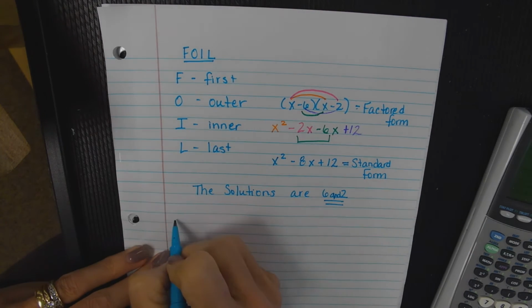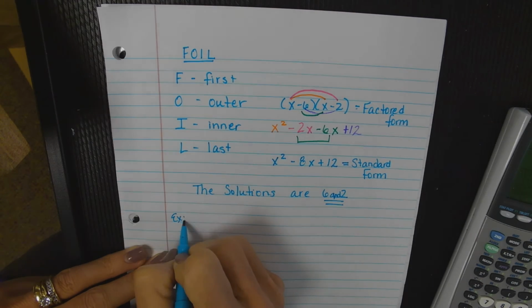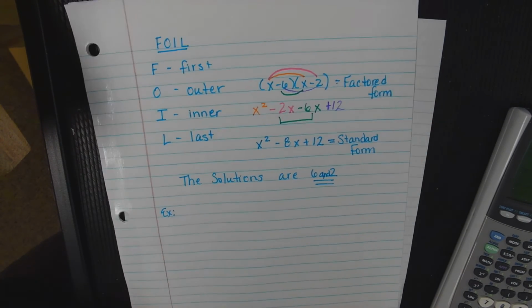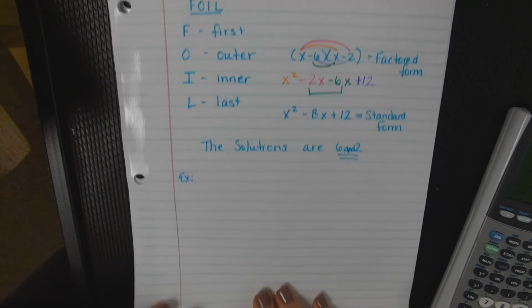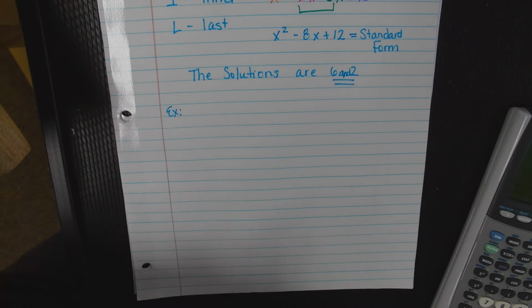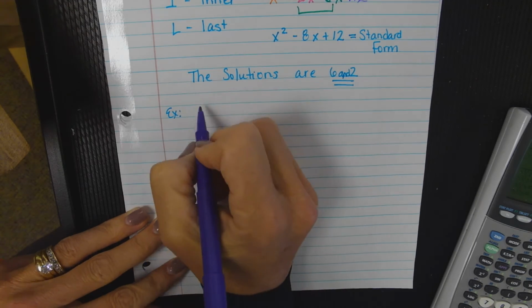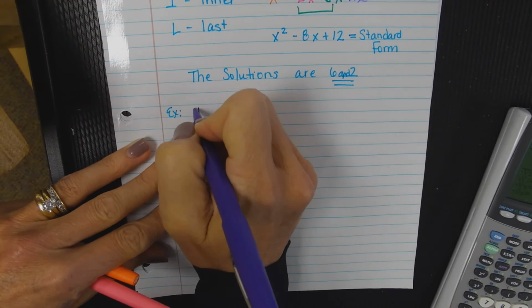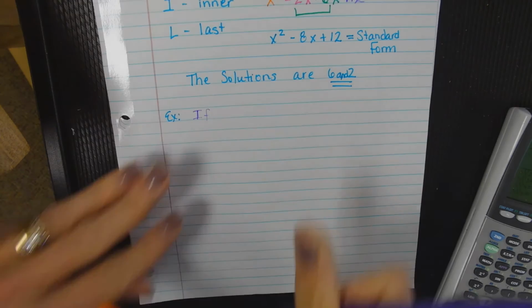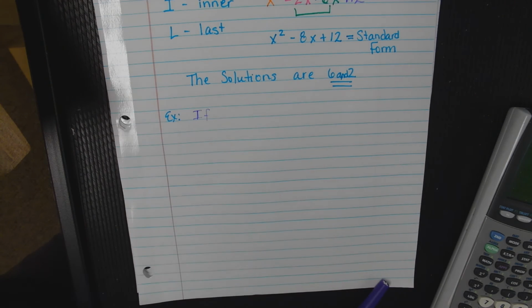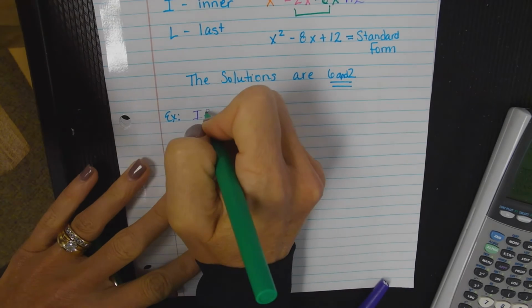Let's do one more example. I'm going to move my paper up. One way this can be asked as a question is, if my pen is not working, let me change it to green. Sorry about that.